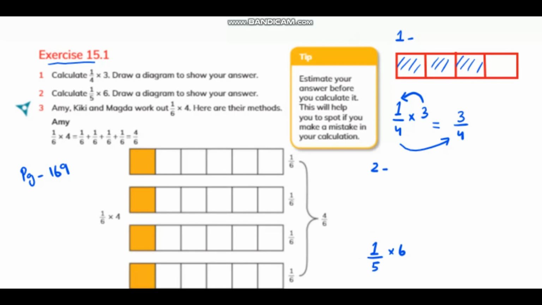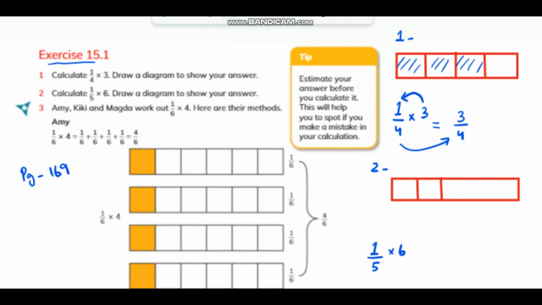What we have to draw is 1 by 5. 1 by 5 means how many total parts do we have to draw? Yes, it's 5. So let's draw the diagram with 5 parts. Now let's make 5 parts: 1.